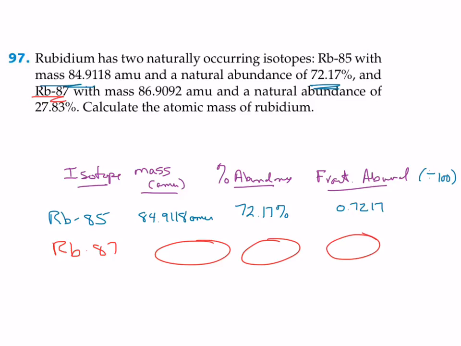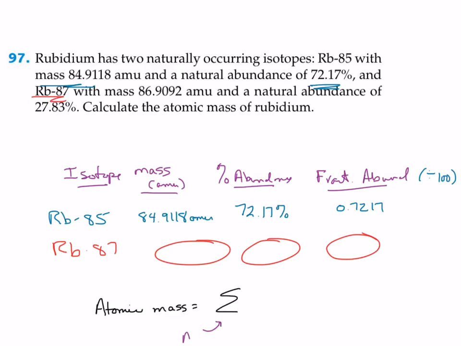My next column is how much each one of those atoms weighs. My third column is its abundance, and the red circles are not because it's empty, but because you just need to pull the information down. And then I have a 4th column that converts percent abundance to fractional abundance by moving the decimal 2 places. So once I do that, I'm ready to calculate it.